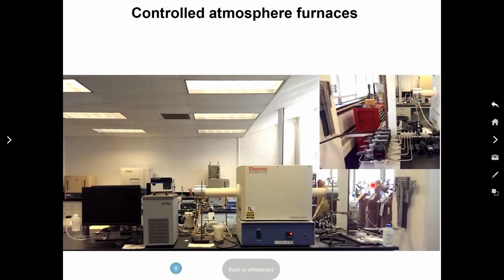So again, as far as the experiment goes, you need the so-called controlled atmosphere arrangement. Your sample will have to be in an environment that is gas tight at both ends. This is for high temperature metal.